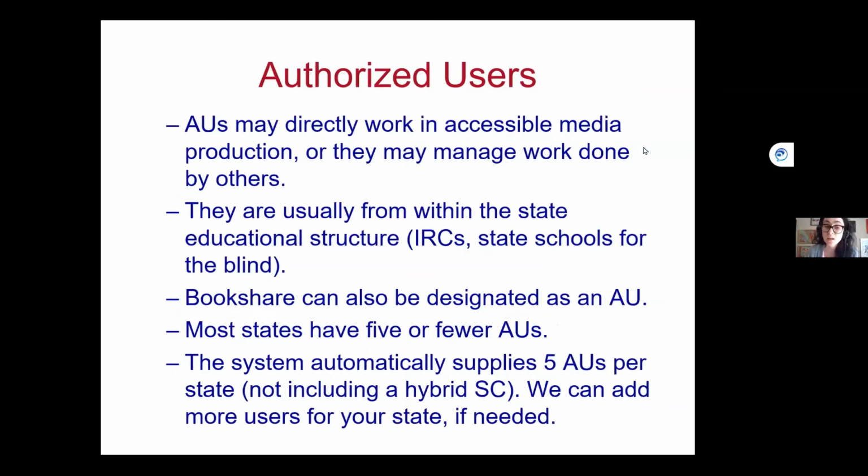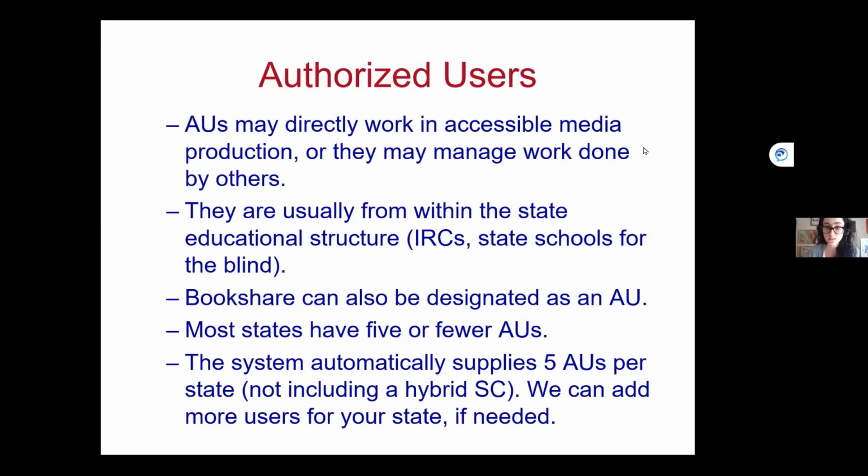Authorized users may directly work in accessible media production, or they may manage work done by others. They're usually from within the state educational structure, such as an IRC or a state school for the blind. And we do have multiple authorized users for some organizations. That is perfectly acceptable.